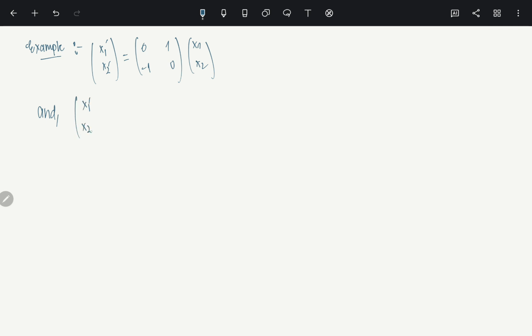x1 prime, x2 prime, which is [0 1; -1 0] times x1, x2 plus the perturbation term. This is b, this is a. See, that's your a, this is the b, and remember b depends on t. So in this example, we are going to take it in such a way that b depends on t, so it's a variable part.